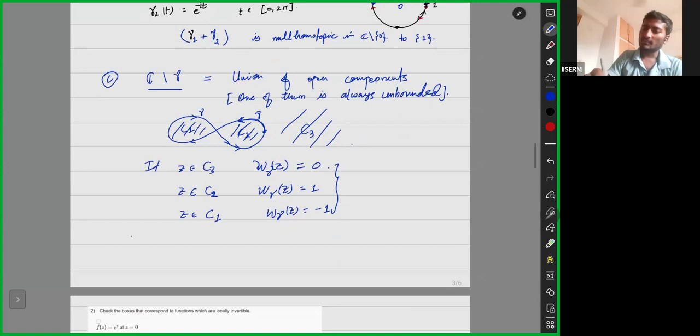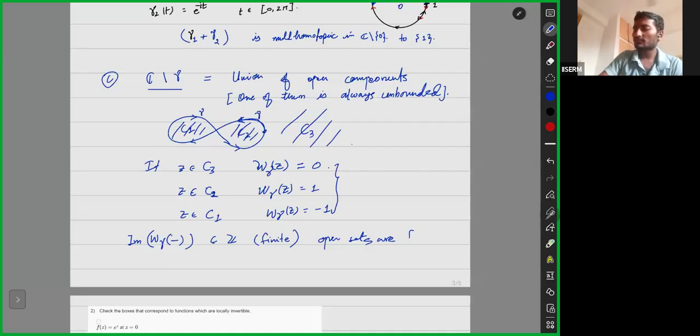So the image of the winding number of gamma is a function, a subset of Z. And what are open sets? It is a finite set, so open sets are finite subsets.